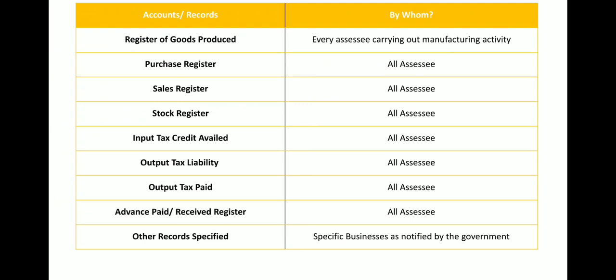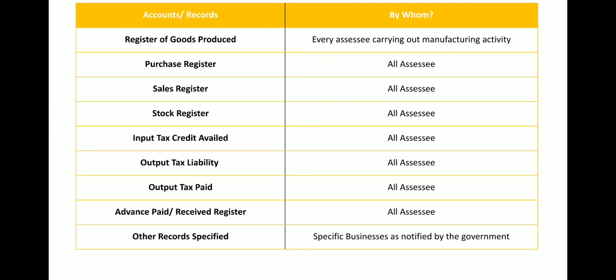The applicable tax rate has to be mentioned, along with the tax amount, by bifurcation of CGST, SGST and IGST.